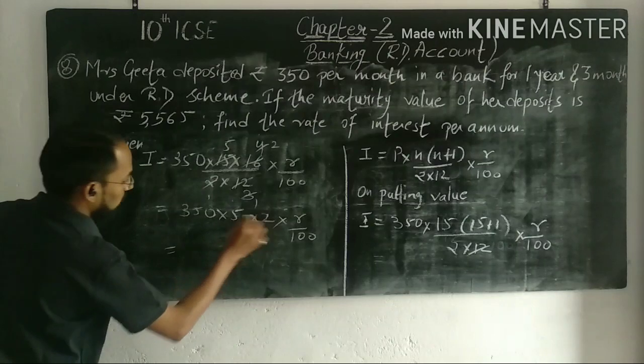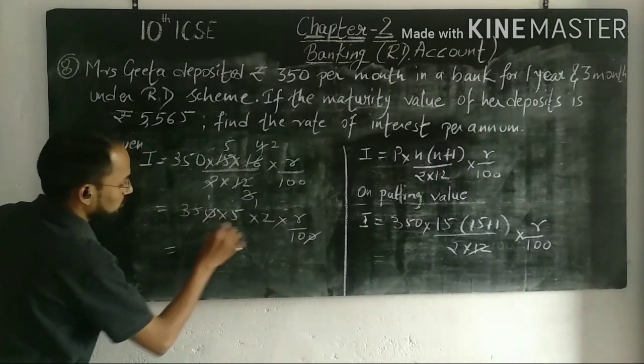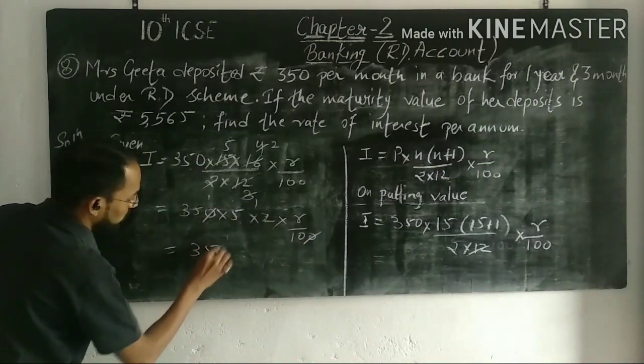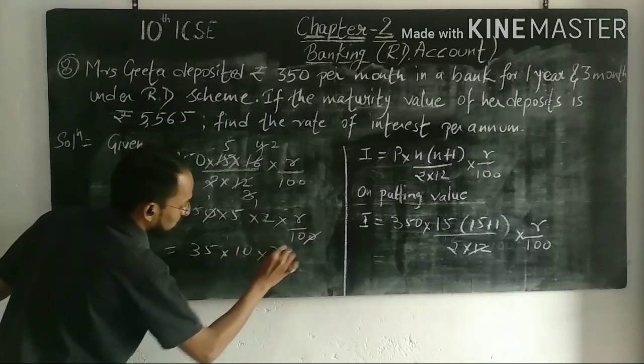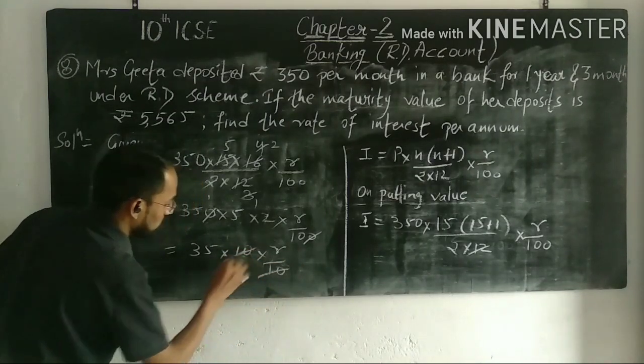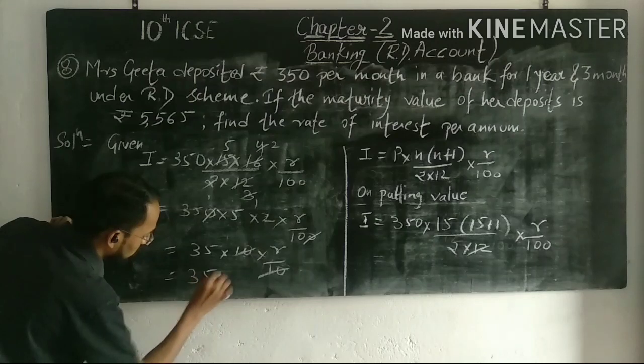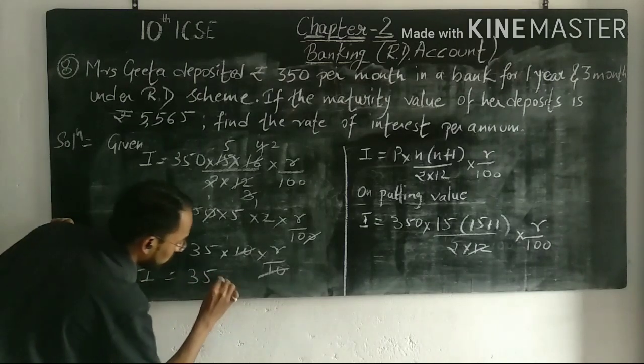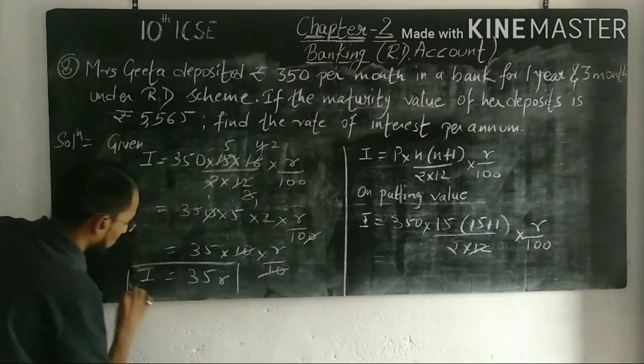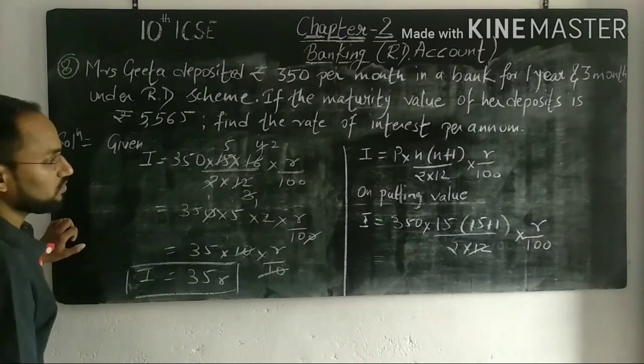So we will get this 0 cancel this 0, and 5 into 2 becomes 10. So 35 into 10 into R upon 100. This 10 cancels out this 10. So we will obtain I equals 35R, which we use in the maturity value formula.